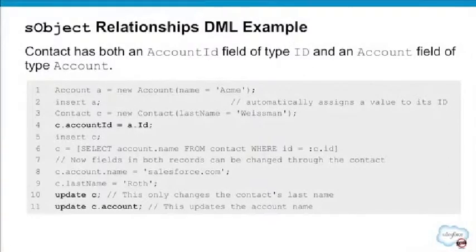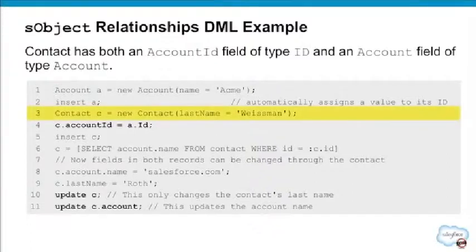Anytime you do an insert, we will return the ID of that record. So after line 2, A now has a populated ID field. By the way, the database always sets IDs. You do not have the power to define your own IDs. They're always database generated.